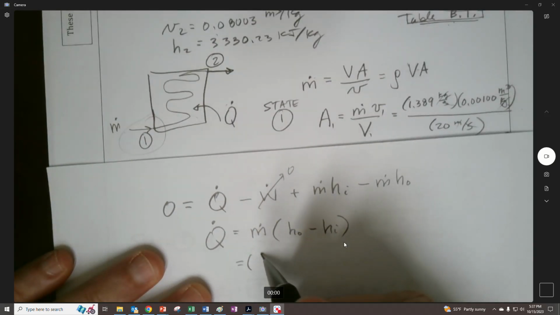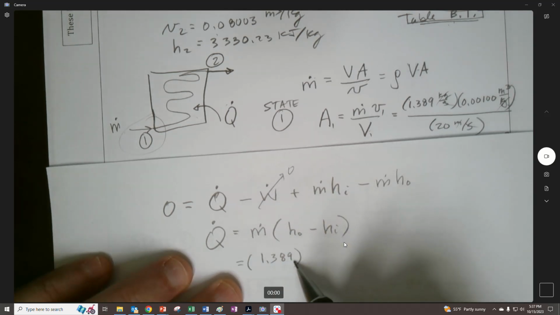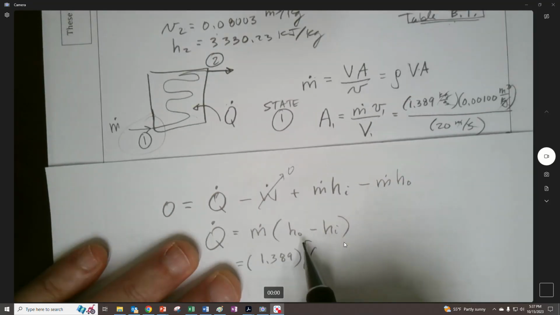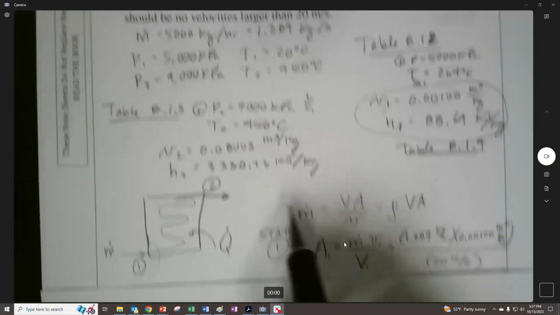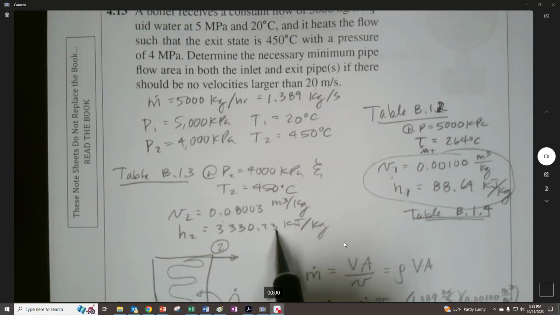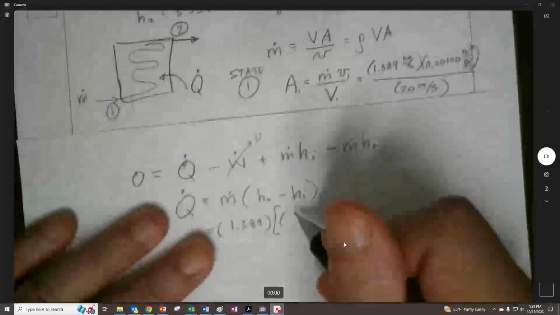So we get 1.389, and these are kilograms per second, and then we have our enthalpies, right? The outlet enthalpy was 3,330. Input was 88.64.